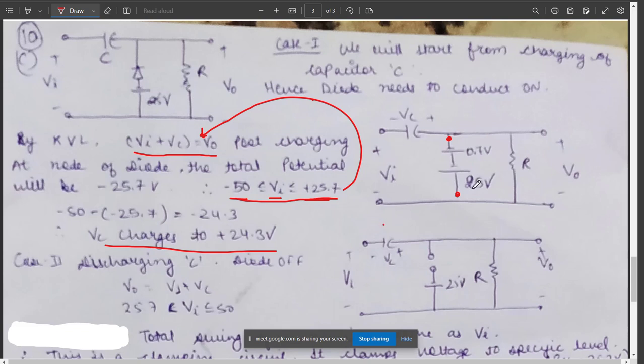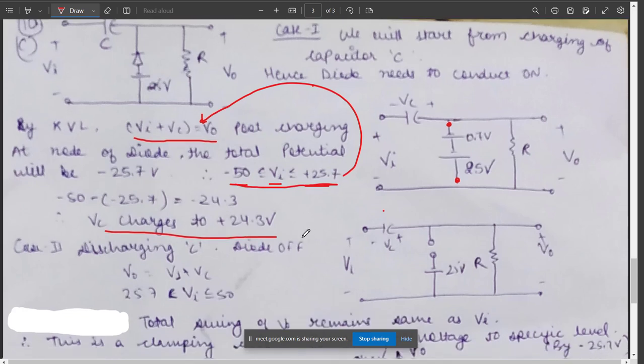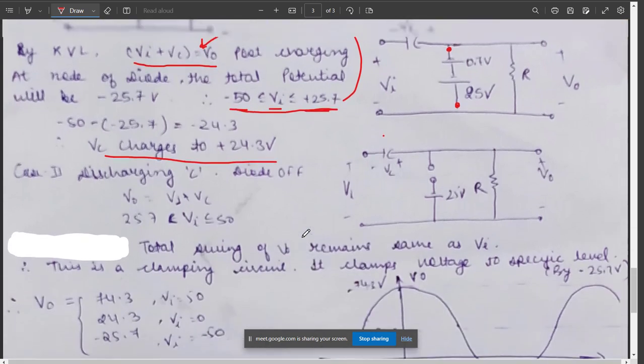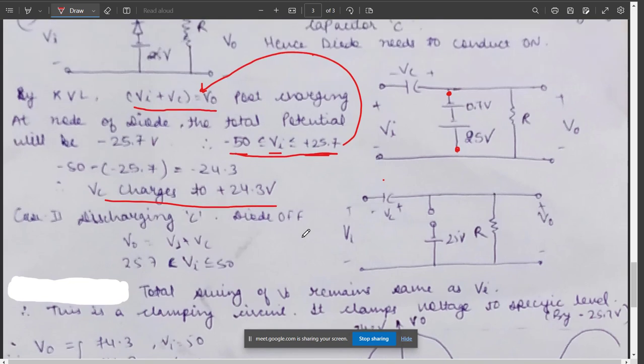The 25 and 0.7 are not getting subtracted, because both of them are in the same polarity, so they add: 25 plus 0.7. So 50 minus 25.7 is 24.3. So Vc is getting charged to 24.3 volts. So the maximum Vc can charge to is 24.3.